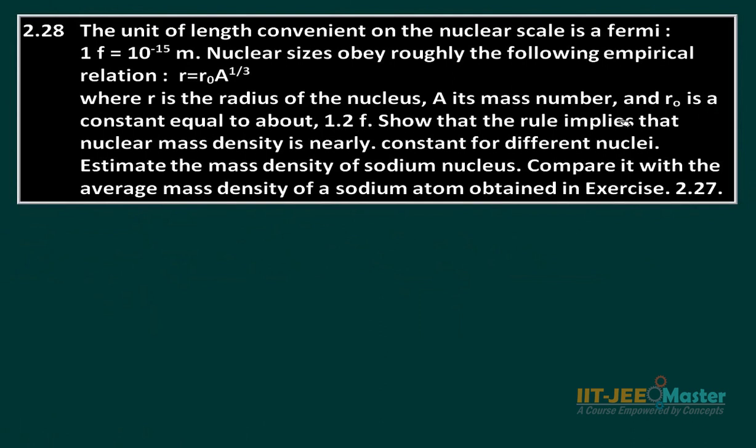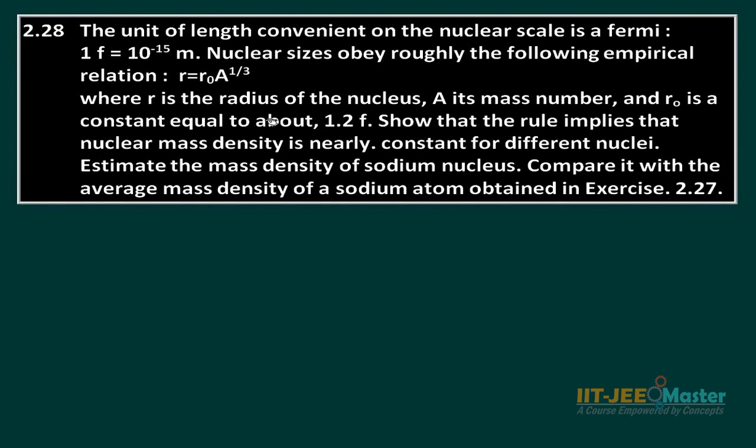Show that the rule implies that nuclear mass density is nearly constant for all different nuclei. Estimate the mass density of sodium nucleus. Compare it with the average mass density of the sodium atom obtained in exercise 2.27.